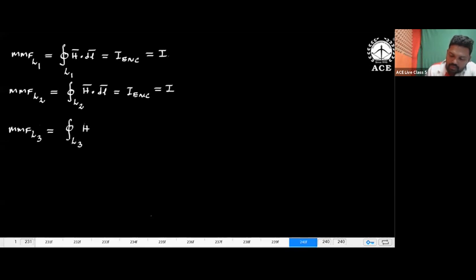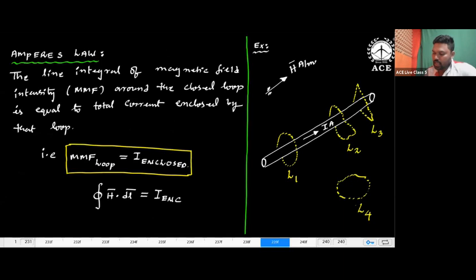Closed integral over L3 of H dot dL is equal to I enclosed, which is equal to I again. Then MMF in the loop 4 is closed line integral over L4 of H dot dL. Here also I enclosed. So the current enclosed for the loop 4 is 0, beta.